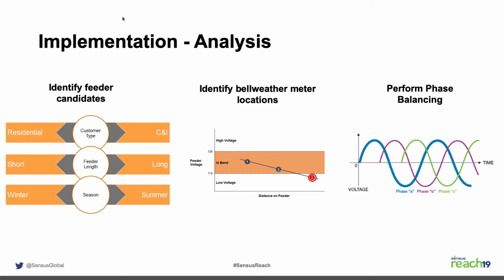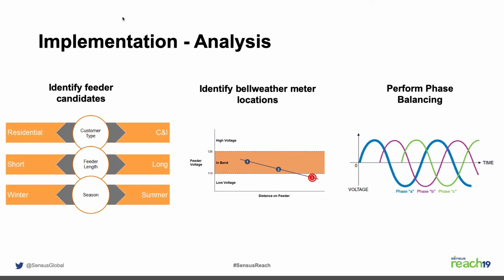But then it's important to look at who are my good candidates. So let's tie this back to that CVR factor. Do they have the CVR factor that's even going to benefit if I drop the voltage or not? And so some quick ways, there's a ton of IEEE material around this, or there's numbers of consultants that play in this space as well.